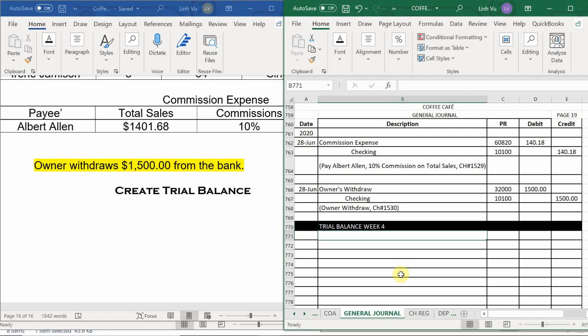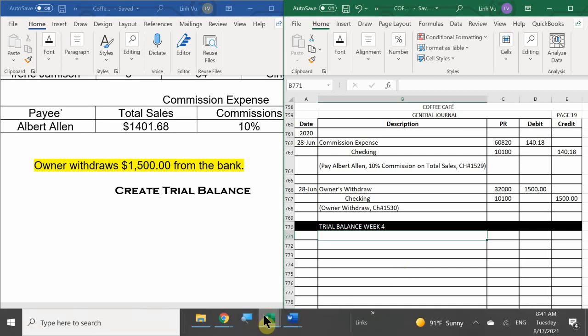Okay. So save, save, save. Last thing that we have to do is just transfer these into the general ledger.